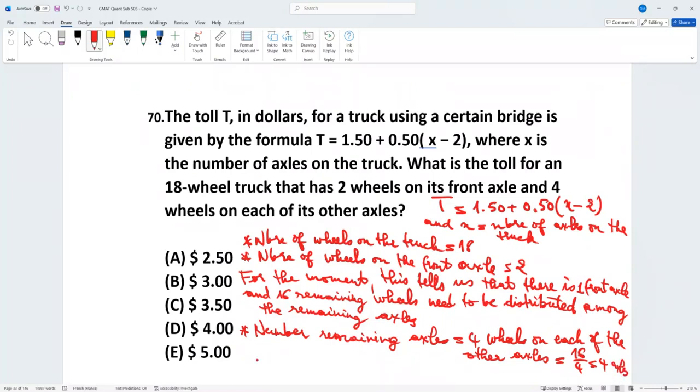So now, in order to find the total number of axles, we are going to have the front one, which is 1 front axle, plus 4 remaining axles, which is equal to 5 axles in total.